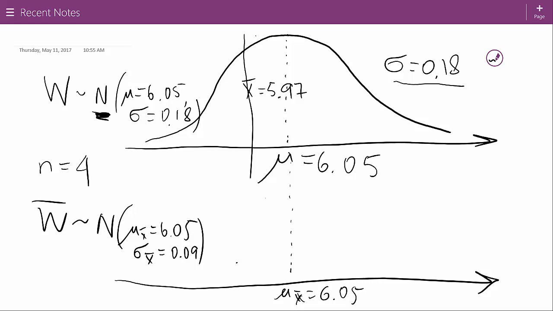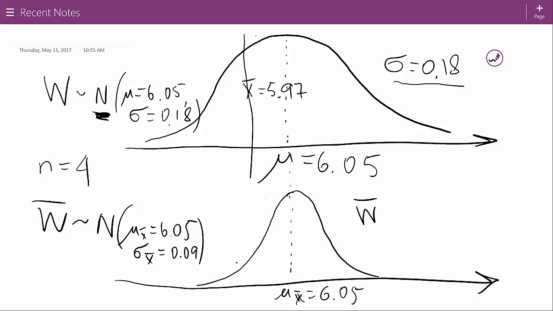What do you guys think? Christian, what do you think? Sigma is getting lower. So it's going to be more concentrated, right? Yes. It's going to be less variable. Yep. Exactly. More concentrated. So same peak, right? But there is less of a spread going on. Okay. So this is how my average W bars are going to be distributed. All sample averages, right? So that's my sampling distribution.